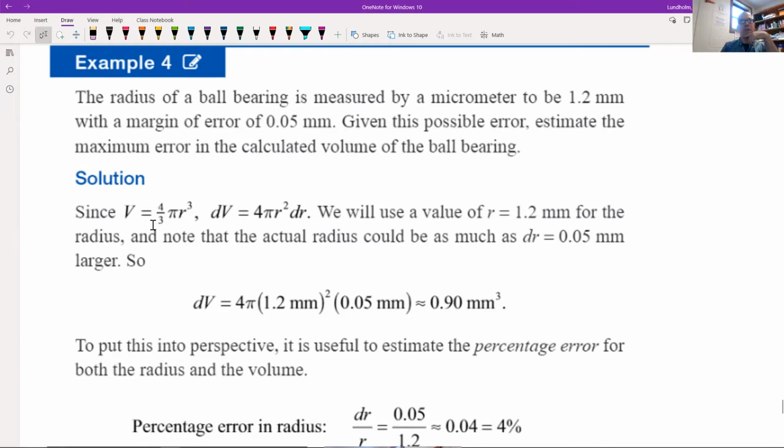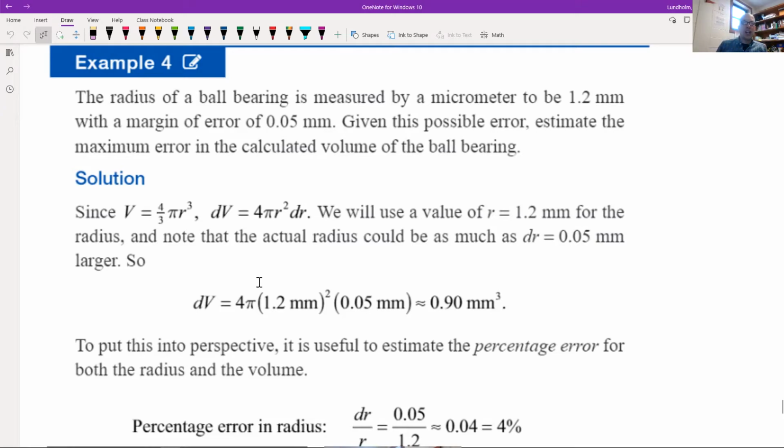We could take the derivative of both sides. Here we're taking the derivative using the differential notation. Normally, if we were taking the derivative with respect to r, this would look like dV dr on the left-hand side, and it'd just be equal to 4 pi r squared. Here we've got those differentials split up.